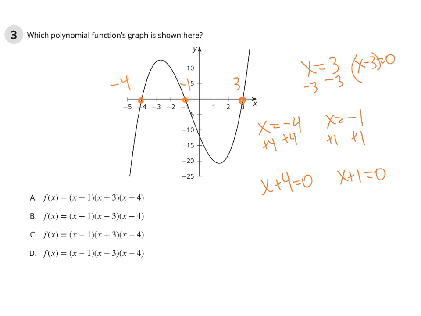And here are our 3 factors. The choices are x plus 4, x minus 3, x minus 1, and x plus 4, x plus 1, x minus 3. Looks like B is the winner.